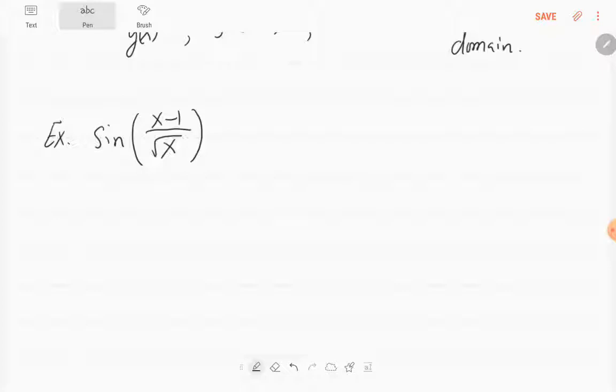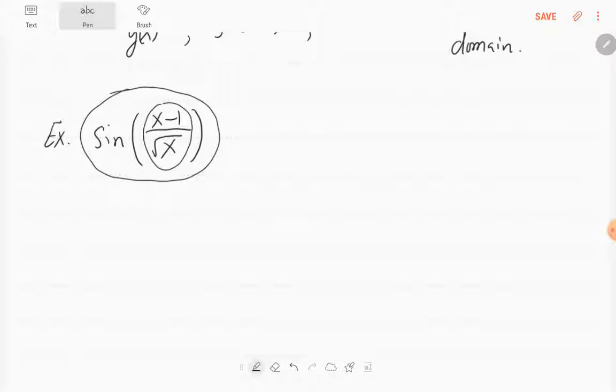The sine function is the trigonometric function we have learned in pre-calculus. The square root is also a function we have learned in pre-calculus. You also have logarithmic and exponential functions. These functions are continuous functions. So the division should be continuous. Then we make the composite function, and sine of this function should also be continuous.